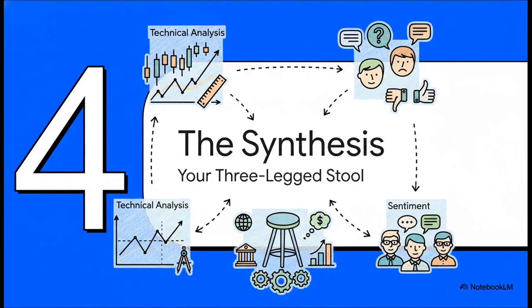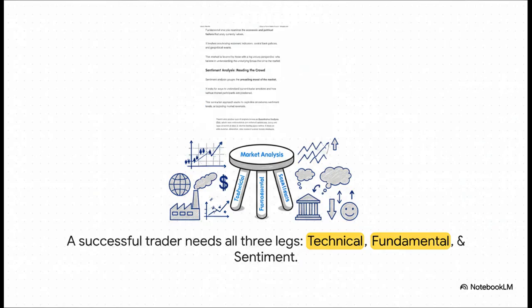So, there we have it, our three types of analysis: technical, fundamental, and sentiment. But listen, the real secret to successful trading isn't about picking your favorite one. No, it's about combining all of them. Think of it like this. I want you to picture your market analysis as a three-legged stool. You've got one leg for your technical analysis, one leg for your fundamental analysis, and one leg for sentiment.